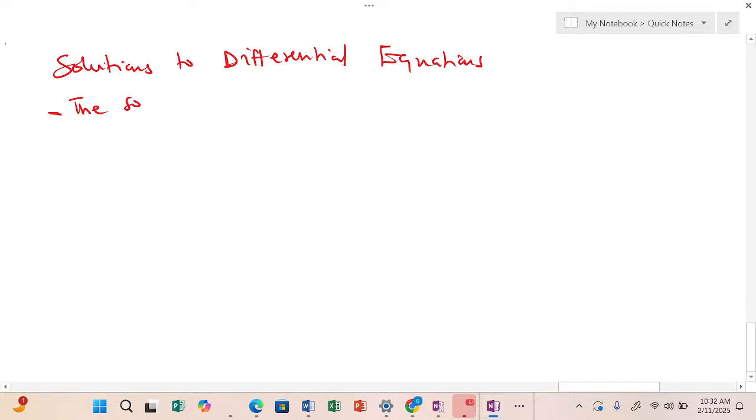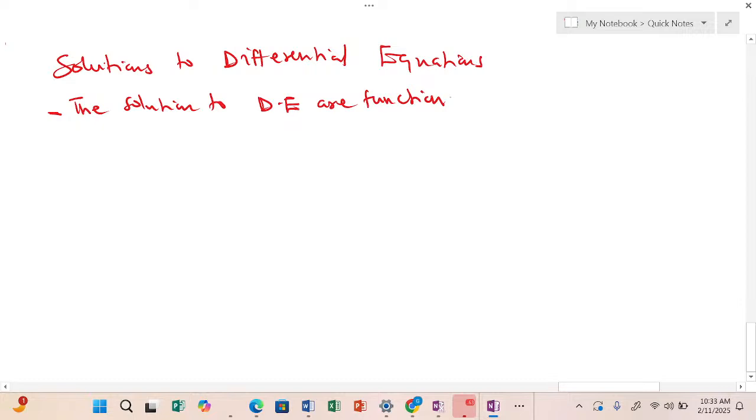So now we move on to solutions to differential equations. The solutions to differential equations are functions. That is, the solution to a differential equation is a function. They are not numbers.